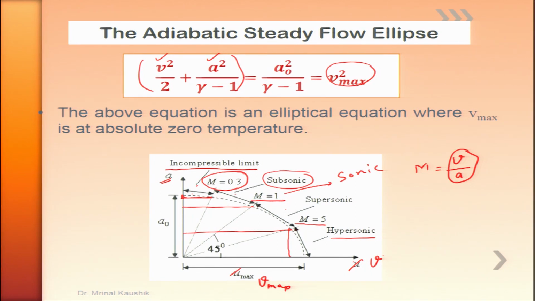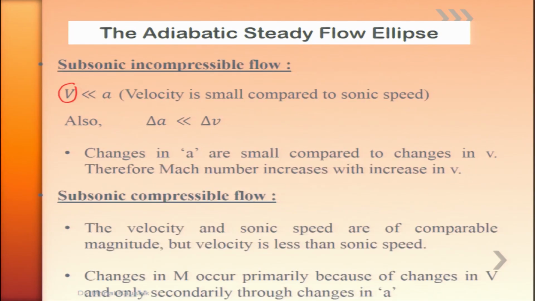That means the Mach number in this zone is predominantly affected by velocity alone and not by changes in the speed of sound. Whereas when we move to subsonic, beyond 0.3 but less than 1, in this zone the velocity is still less than a, the speed of sound.